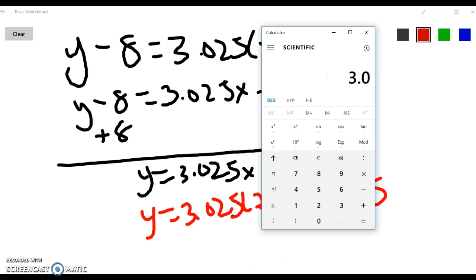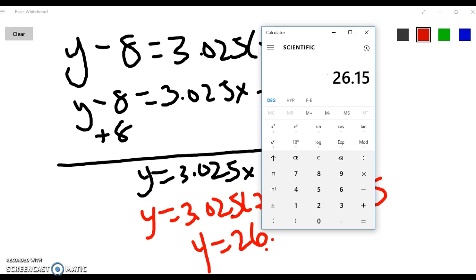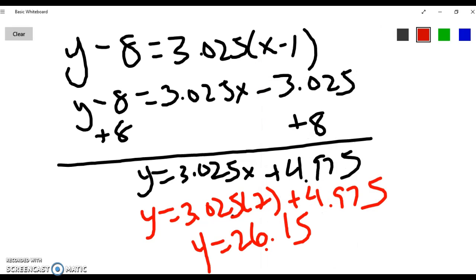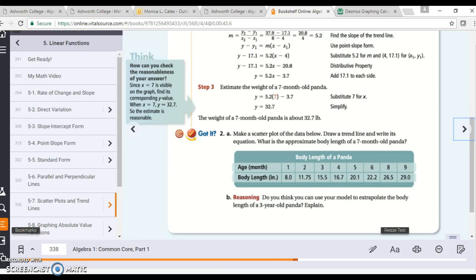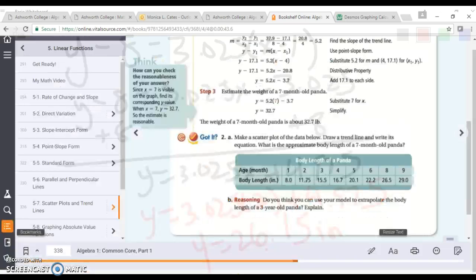So 3.025 times 7 plus 4.975 is 26.15. So I get y equals 26.15. And I forgot, it's in inches.